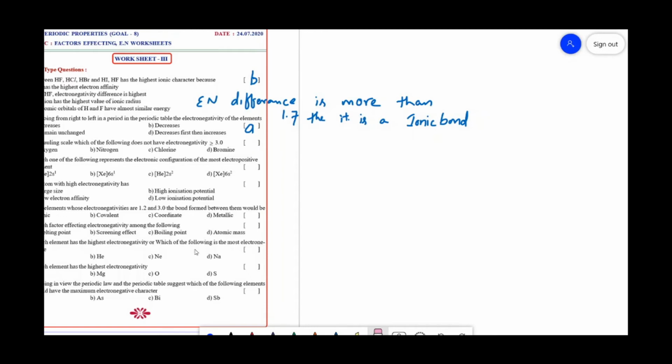Next, third question is: on the Pauling scale, which of the following does not have electronegativity greater than 3? Does not have, okay.